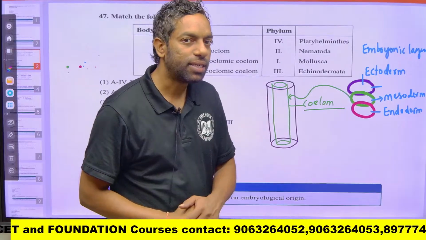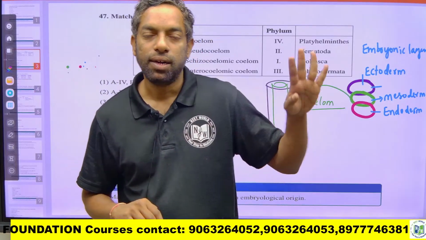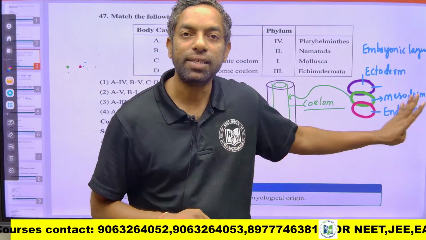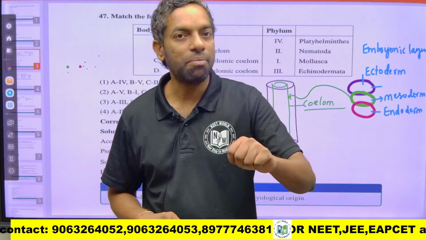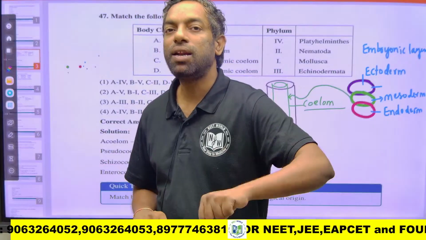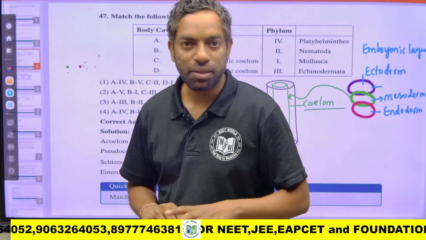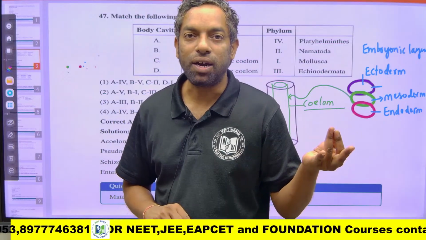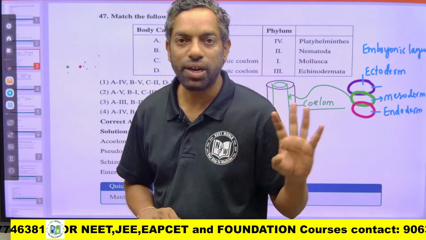Guys, just look here. If the coelom is produced, the animals have 3 germ layers. The animals which have coelom must have 3 germ layers. Okay. If there is only ectoderm and endoderm, without mesoderm there is no coelom.